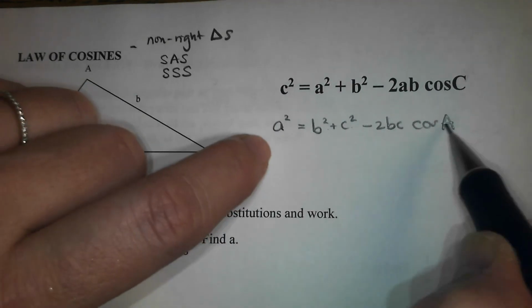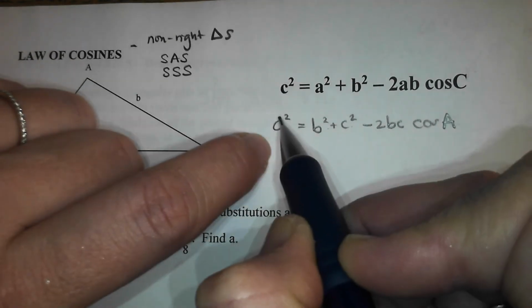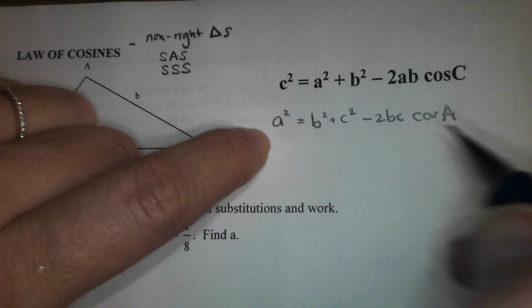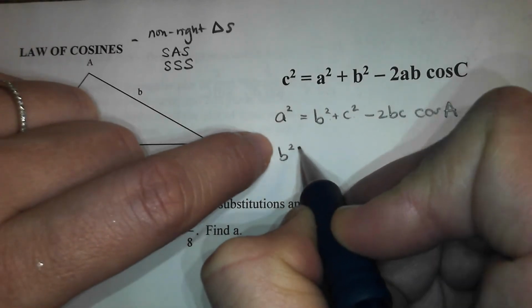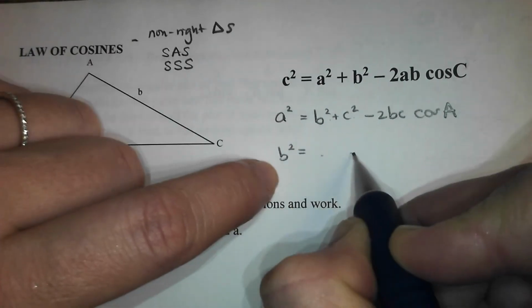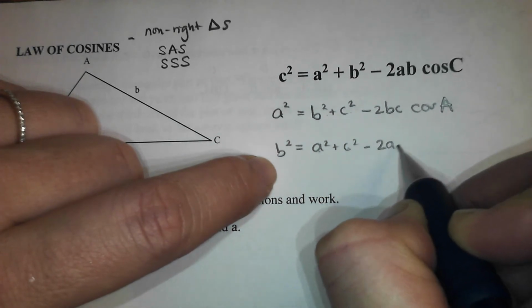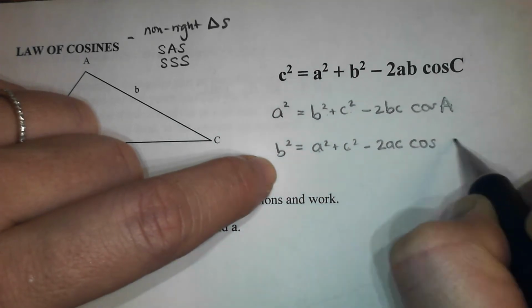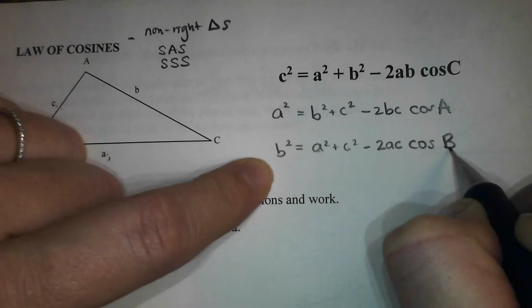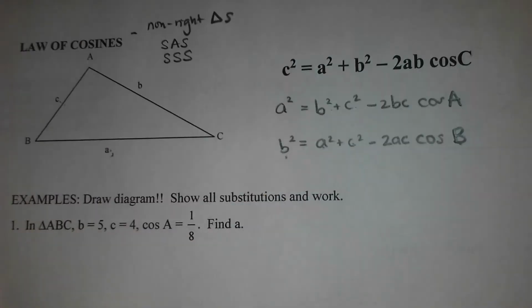So this angle A is opposite the side that stands alone, and the third version would be if this was your B squared, what would these two be? A squared plus C squared minus 2AC cosine B, because that angle has to match that side. Okay?